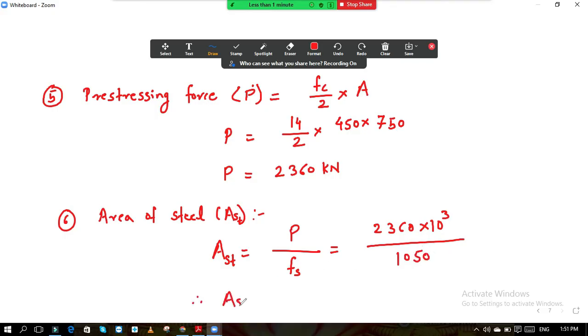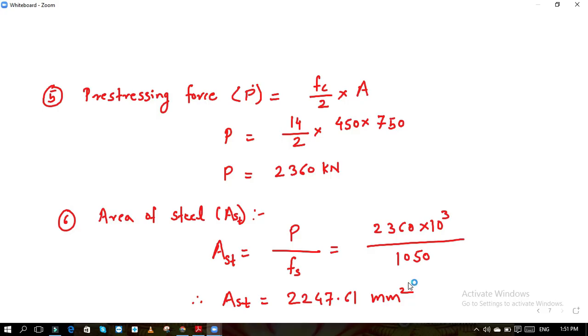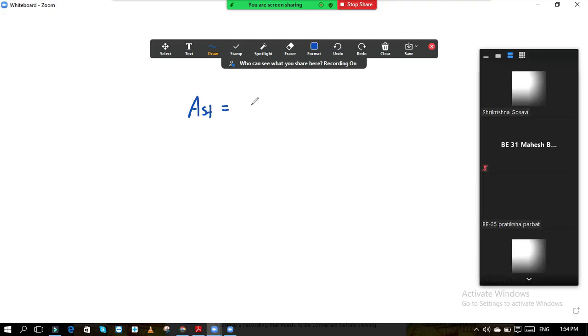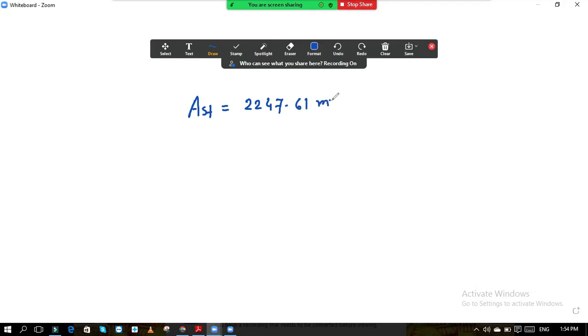Therefore area of steel AST is equal to 2247.61 or something. So this is the area of steel which we got.